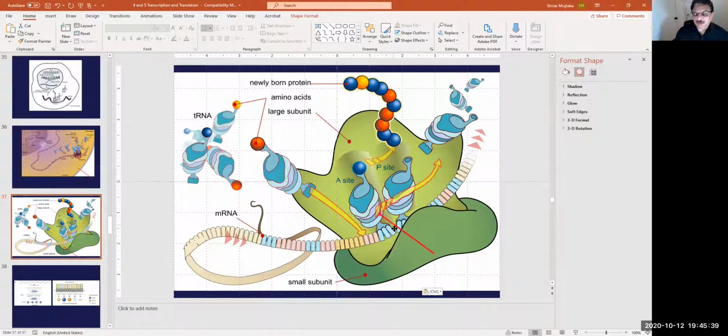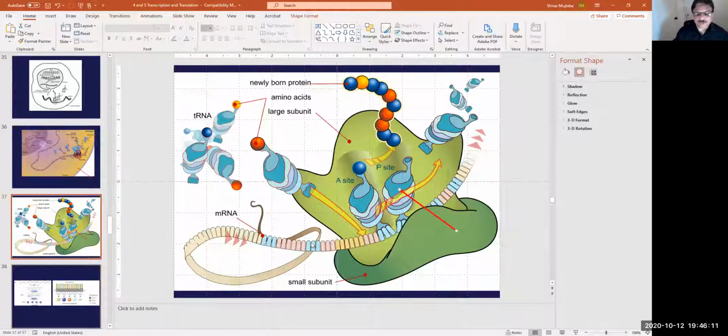So tRNA comes and binds to the mRNA, and the binding is through hydrogen bonds, which we will see later. The site at which the tRNA comes is the A site, and the site at which the growing peptide chain is growing is the P site. But we will go into more details in an upcoming slide.